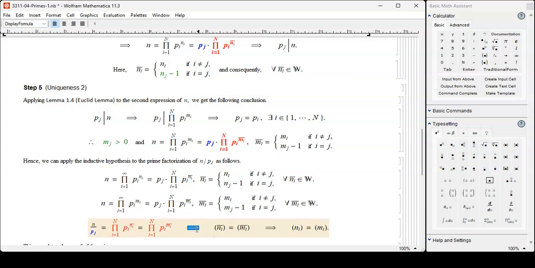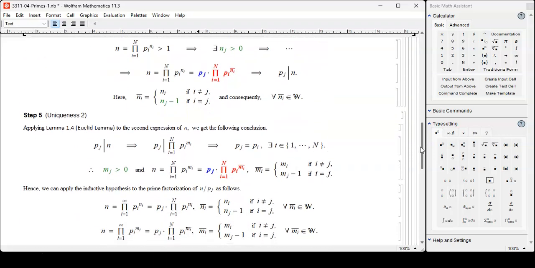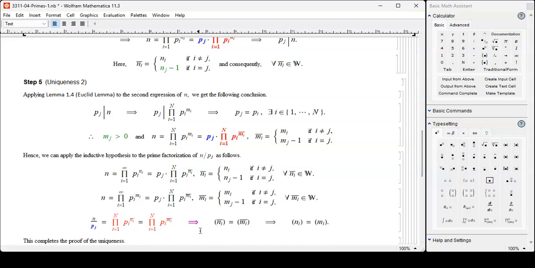This simplification, which I just highlighted in purple, is where we use the inductive hypothesis. For k less than n, we have the uniqueness. That's what we used. And then readjusting, we get the desired uniqueness.